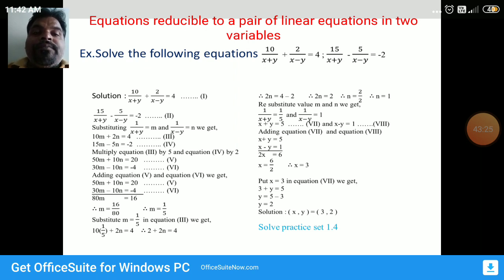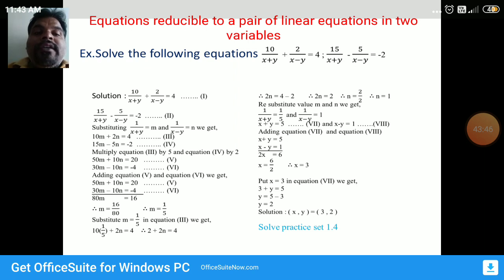First, you reduce these equations into a pair of linear equations in two variables. For that, you substitute 1 upon x plus y is equal to m and 1 upon x minus y is equal to n.